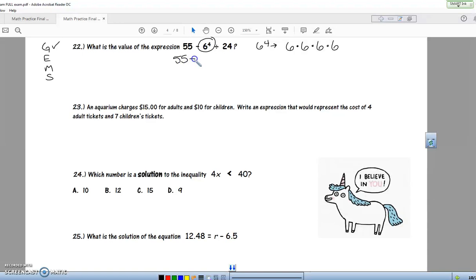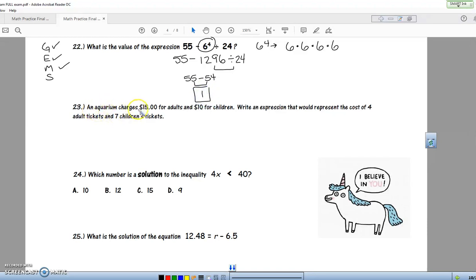So 55 minus my gigantic number, which is 1296, divided by 24. No more exponents, multiplication or division. Yep, right over here. 1296 divided by 24. Type that in your calculator. You get 54. So 54 and 55 being subtracted. No more multiplication. All of that for the answer of 1.